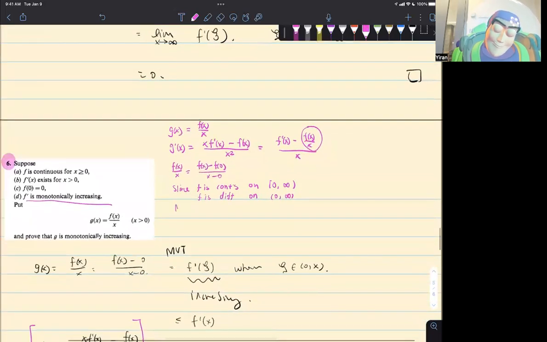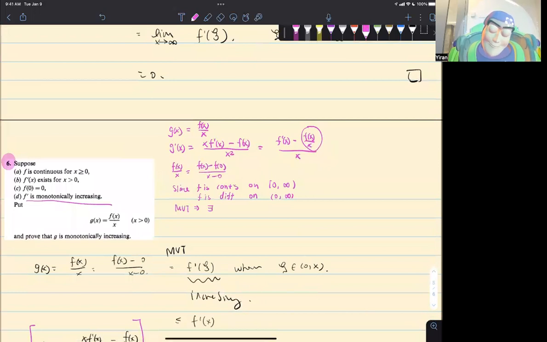So the mean value theorem implies that there exists, and I think in particular it is correct on [0, x]. So by the mean value theorem, there exists a c in the open interval (0, x) such that f(x) minus f(0) is equal to f prime of c times x minus 0.